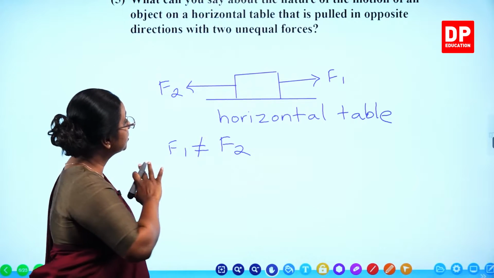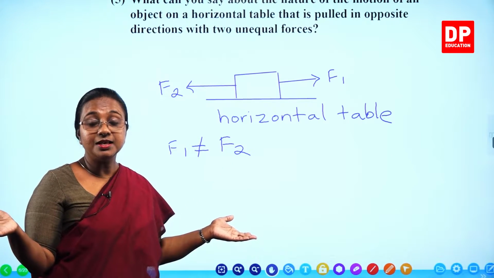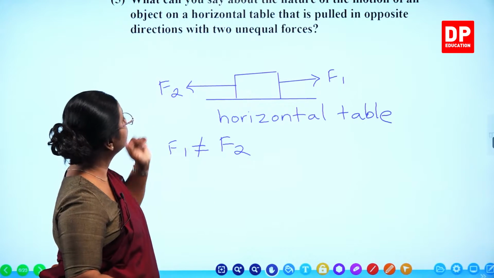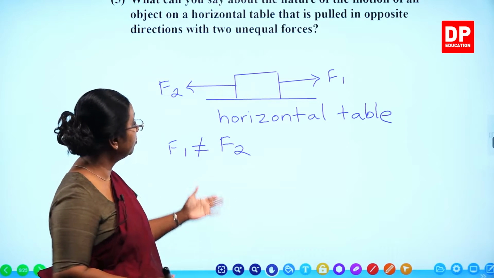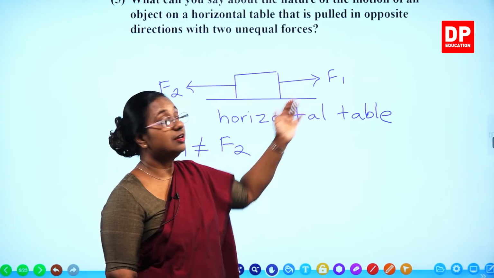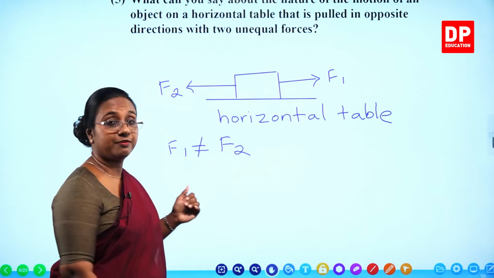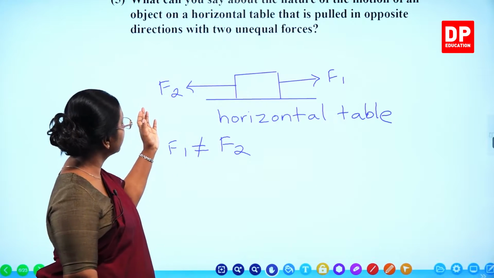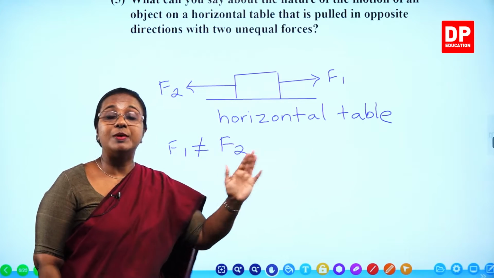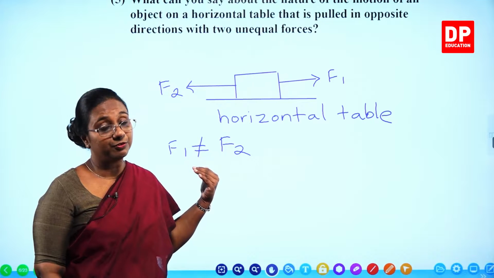When there are two forces, they are collinear, so the line of action is the same. They are opposite, but because their magnitudes are different, there will be a resultant force. You all know if F1 was greater, we will calculate the resultant force as F1 minus F2. Then the object will move in the F1 direction. If F2 was greater, it will be F2 minus F1 and the object will move in the direction of the F2 force.